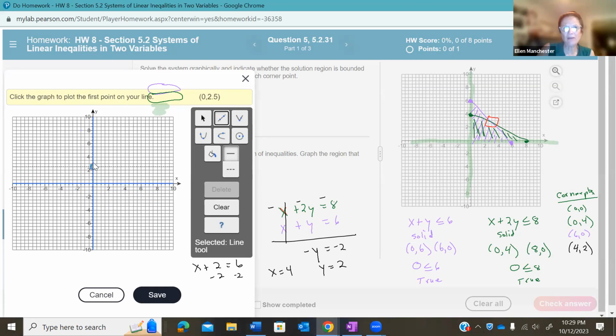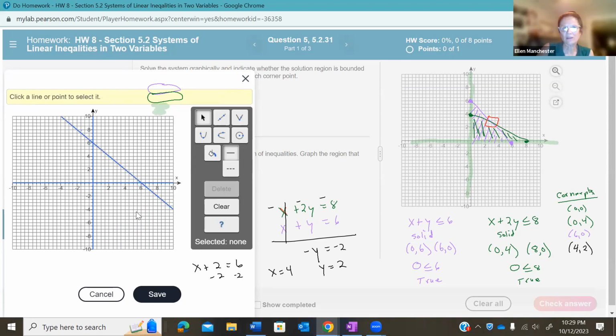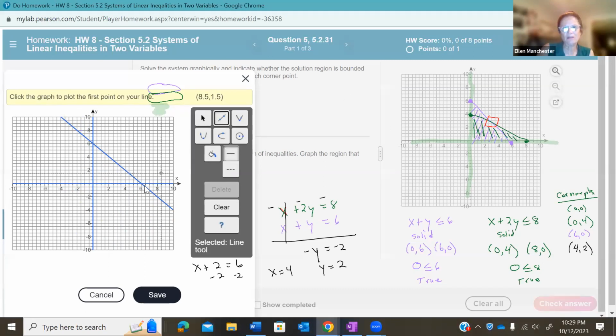Now I'm going to pick up the tool. I'm going to graph my purple line. So I have 0, 6. Notice the coordinate. I click. I have 6, 0. Notice the coordinate. I click a third time. It's blue. I'm not picking up the can yet. Now I'm going to graph my other line.